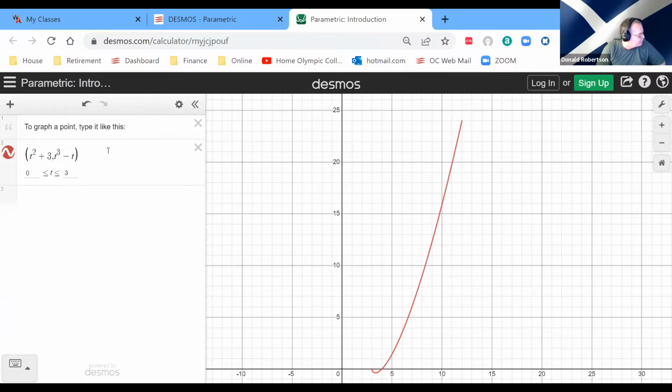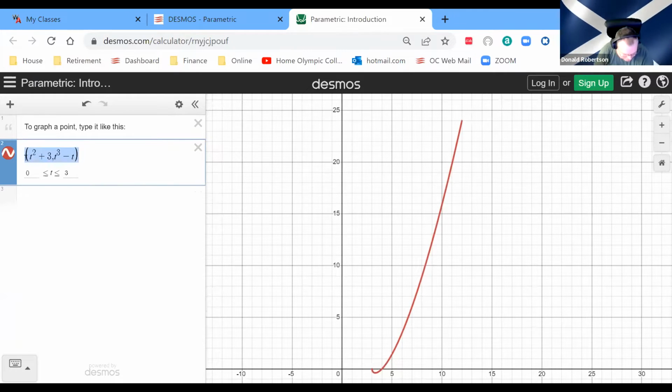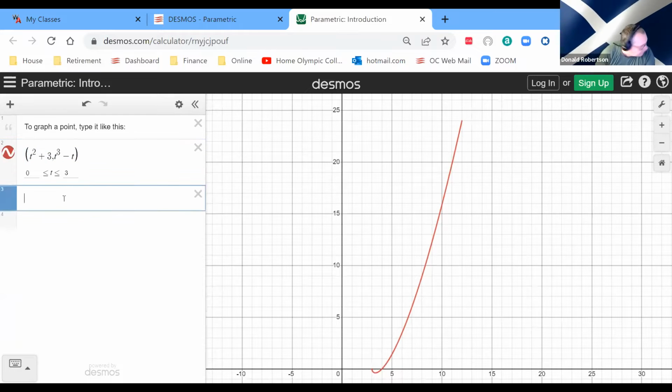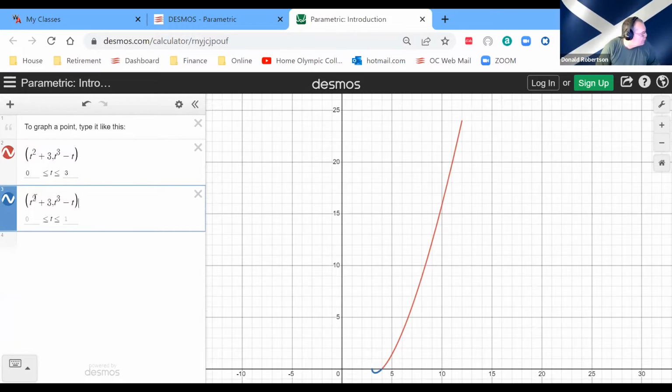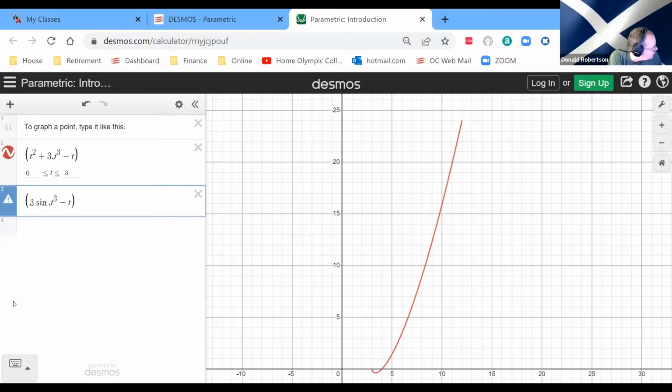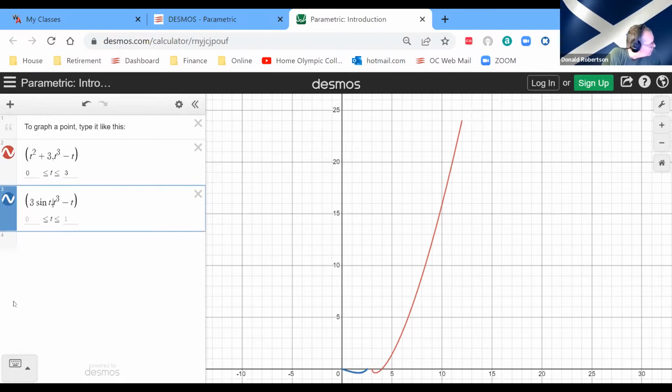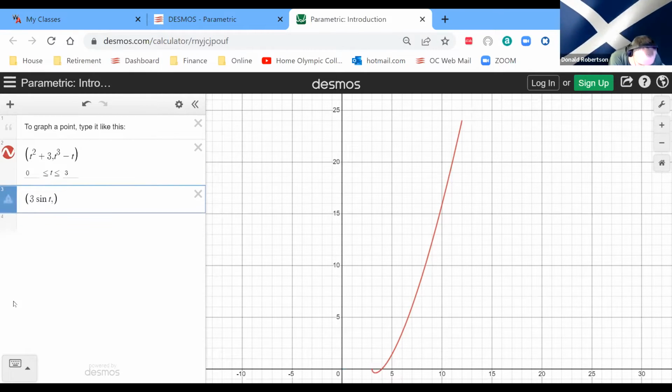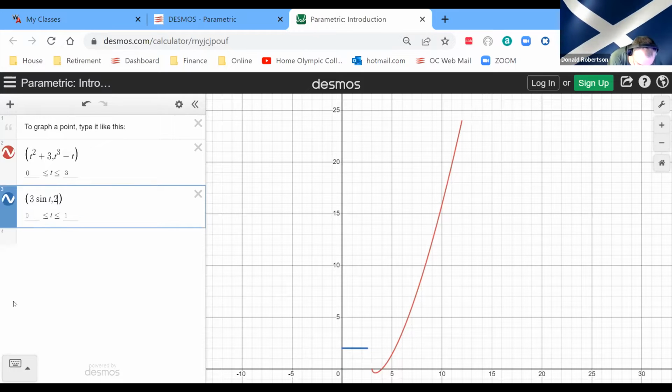Okay, so I'll copy this as my template. Suppose I wanted to do 3 sine t and 2 cosine t.